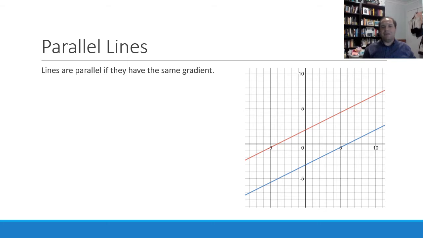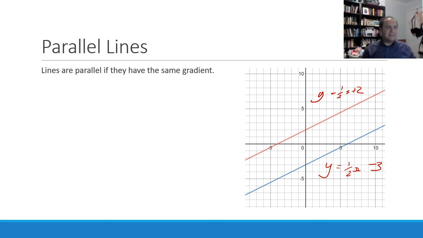All right, so the key thing for parallel lines is that, graphically speaking, they're parallel if they have the same gradient. So this first line here has an equation of y equals half x plus 2. This bottom line has an equation of y equals half x minus 3. They have the same gradient. They're never going to meet.